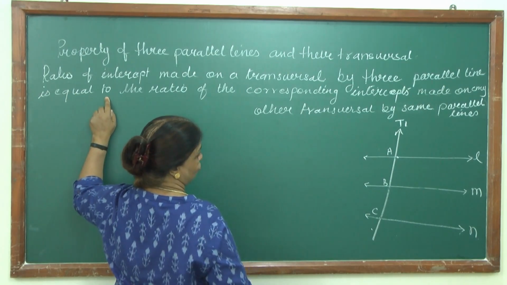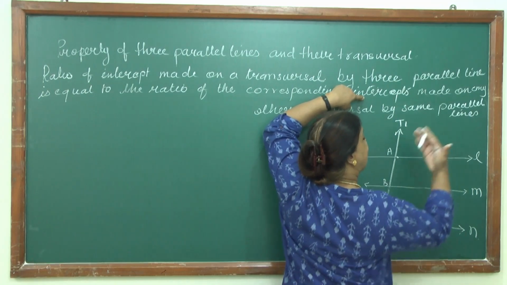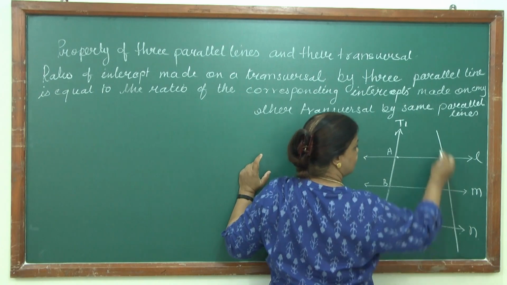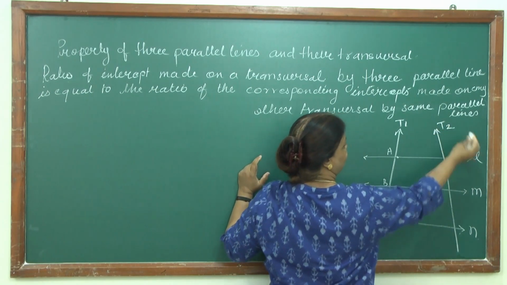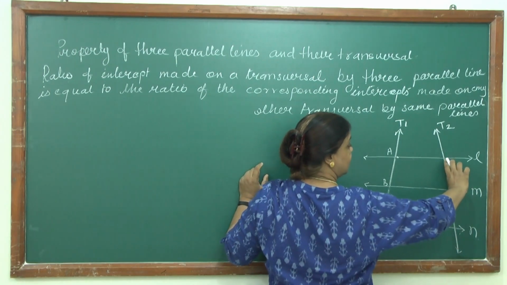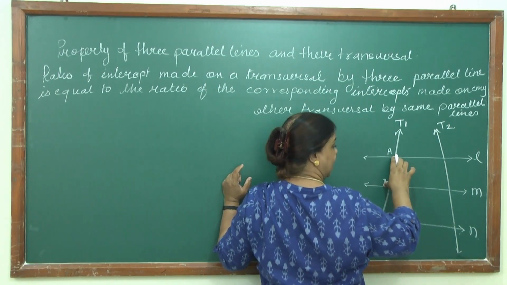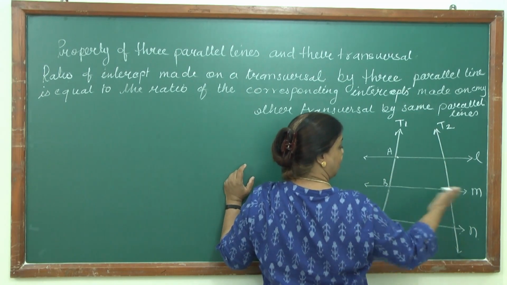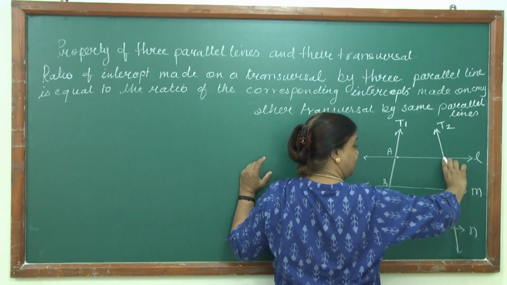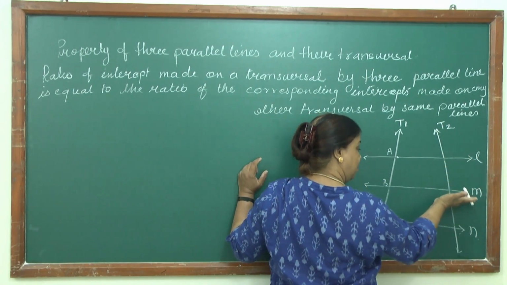The ratio of intercepts made on a transversal by three parallel lines is equal to the ratio of the corresponding intercepts made on any other transversal. This is one transversal. I will draw another transversal, that is T2. So when I draw another transversal, again I get the intercepts. The ratio of the intercepts made by the three parallel lines on a transversal is equal to the intercepts made on the other transversal by the same parallel lines.